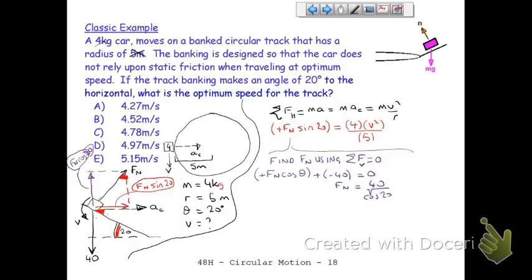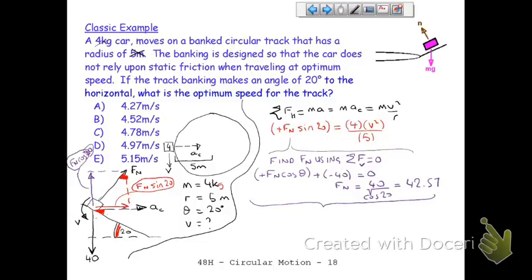So I look at that and I go 40 divided by cosine 20 is equal to, that's going to be 42.57. Again, I'm not going to round too much because I'm in the middle of a problem.